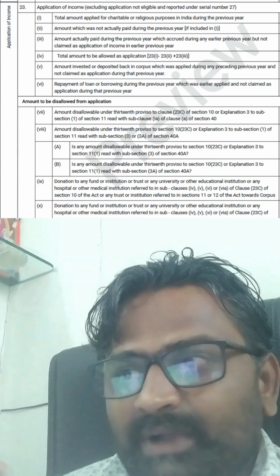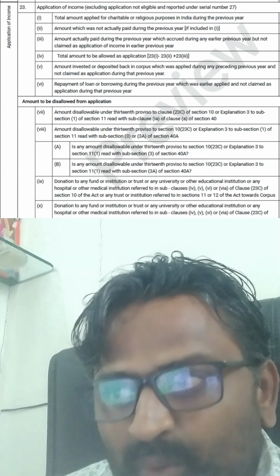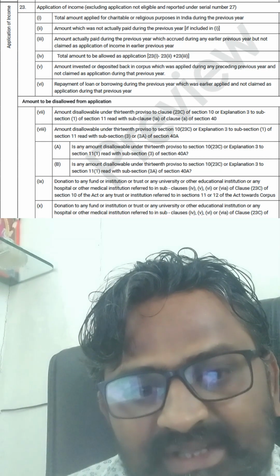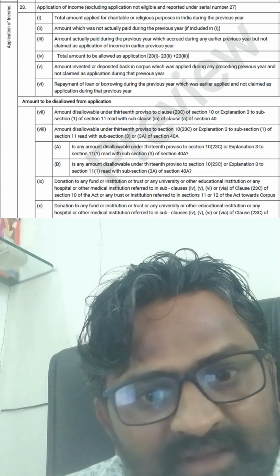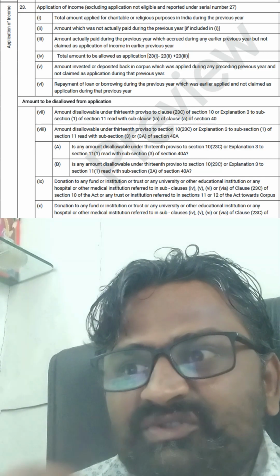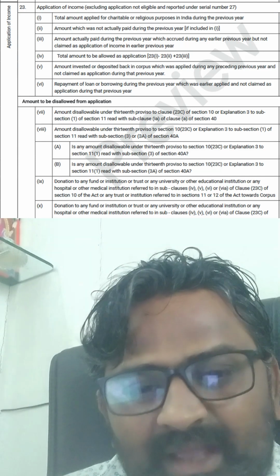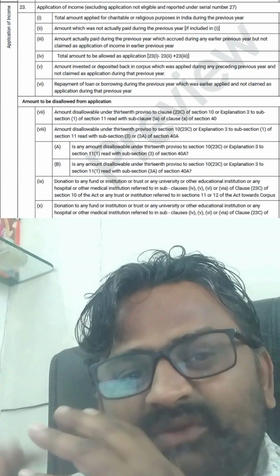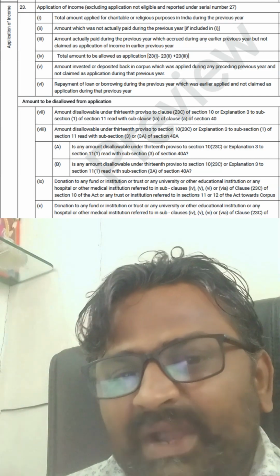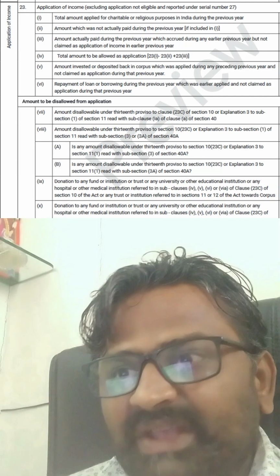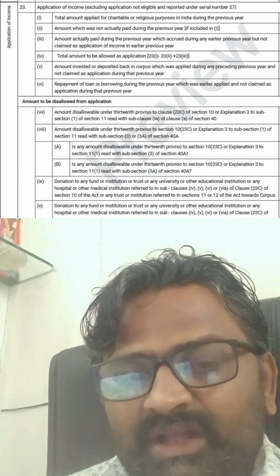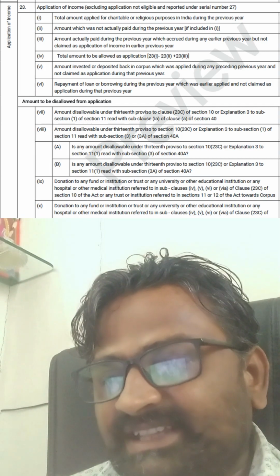So there are too many parts or sub points. You are supposed to pick whatever applies to you, pick the right point and the right amount to be reported in that section.